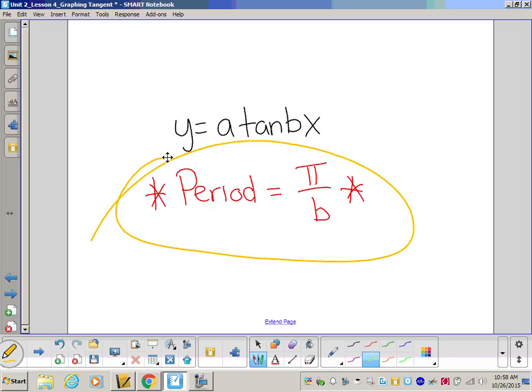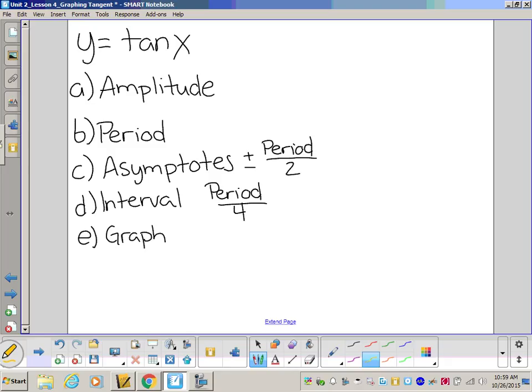Okay, so amplitude, we will handle the same. We multiply the y values by whatever the amplitude is, and the period, we'll take b and divide pi over b to get the period. And the difference between tangent and the other two also is that it has asymptotes. So there are x values where tangent is not defined. So we'll have asymptotes.